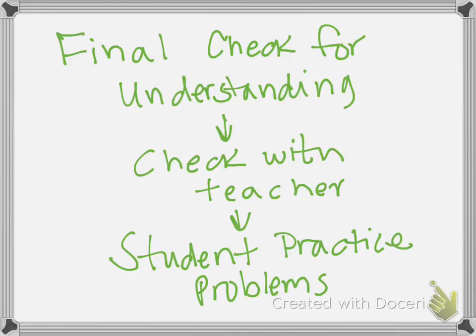Okay, so now you're going to complete the final check for understanding, take it to our guest teacher to check your work, and then once you've gotten 2 pluses, you'll move on to the student practice problems. If for any reason you need to rewatch part of this video to remind you of what you do, go ahead and do that. Otherwise, the video is going to end and you're going to start your final check for understanding.